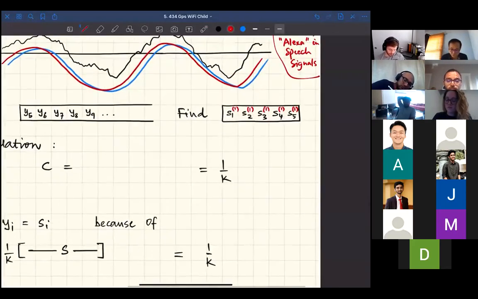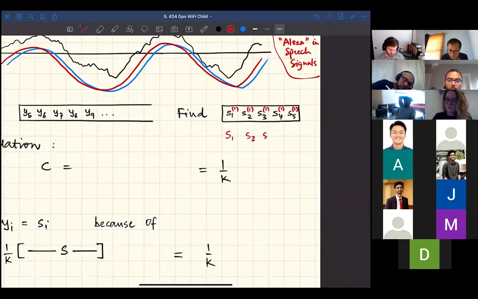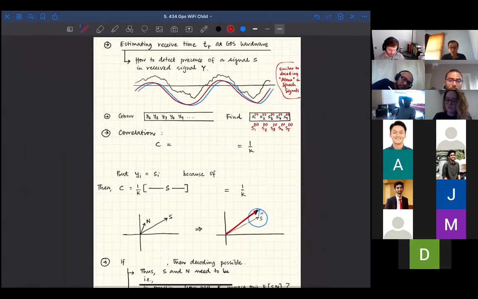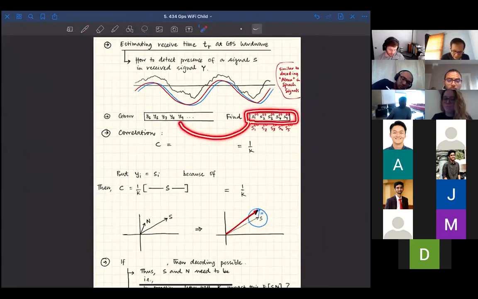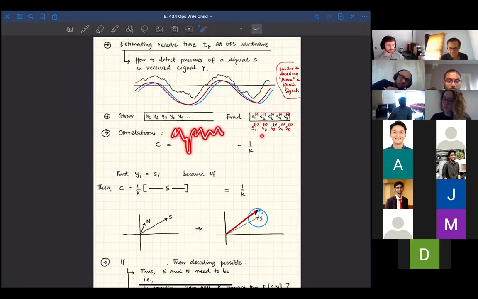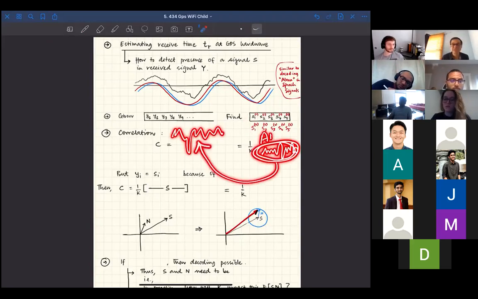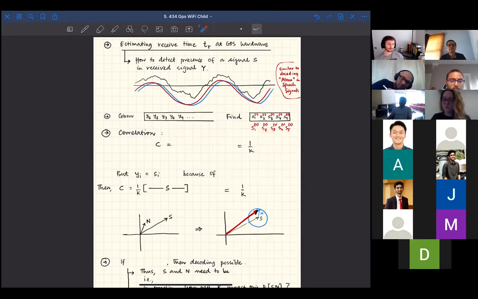Okay. Satellite 2 would be sending S1, S2, S3, S4, S5, but from 2. Okay. So your goal is to look for this signal, satellite 1 signal inside this, which is the same as your Amazon Echo getting some signal and looking for the word Alexa. Let's say Alexa signal looks like that, looking for this signal in the received acoustic signal. It's the same problem.